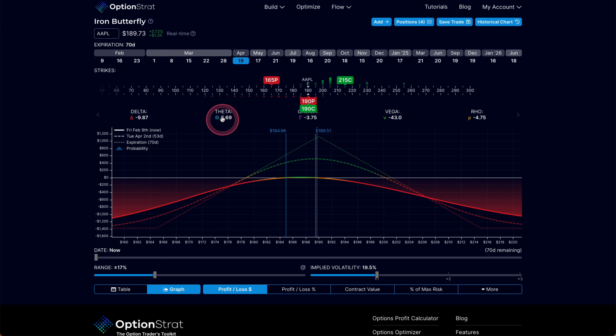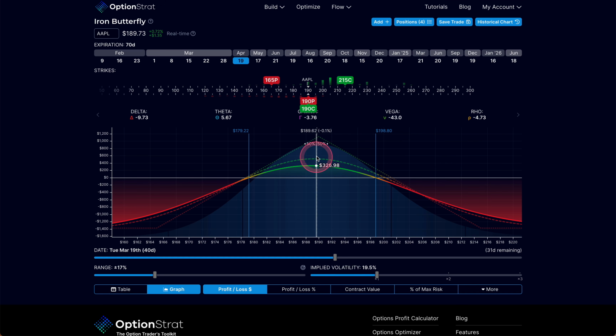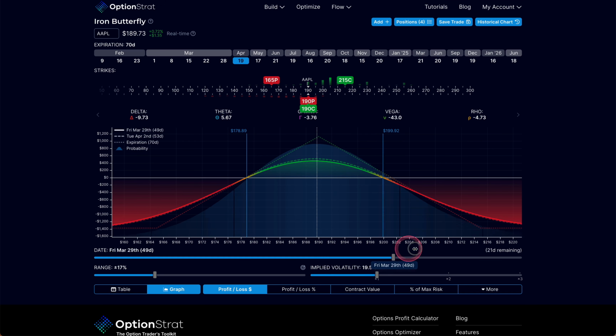And if we look at this, we can see that now theta is positive. If the underlying does not change in price, theta is working in my favor on a daily basis. I am going to be essentially, based on options modeling, putting a little bit of money in my pocket each day as this thing decays. And again, we can march this forward and see right here the profitability that comes in to that trade over time.